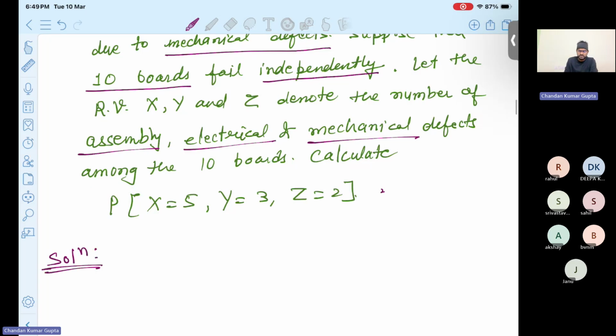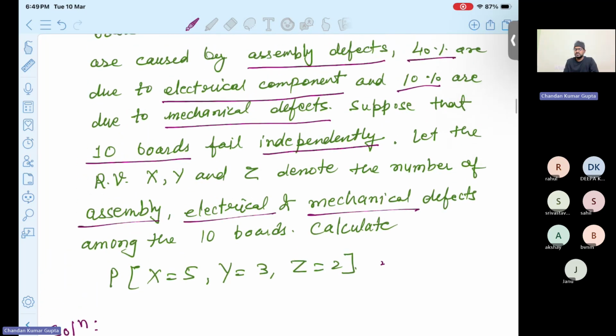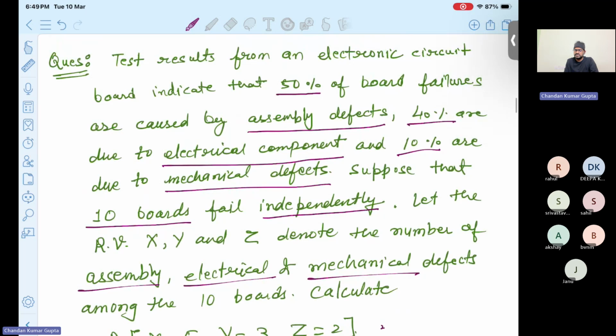Since each board failure falls into 3 categories, if you have watched the video, you may find that for this kind of question, the distribution that this experiment follows is multinomial distribution.